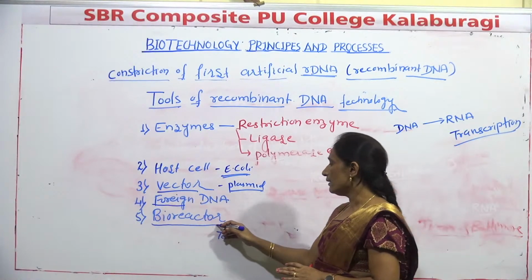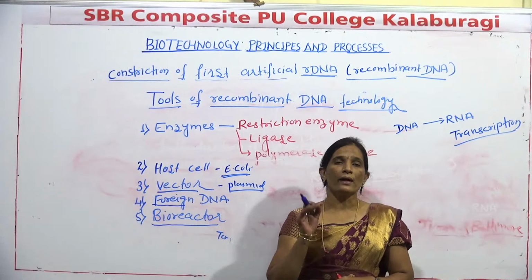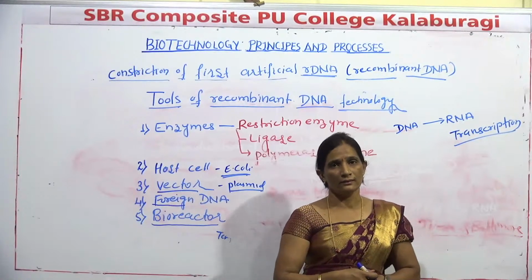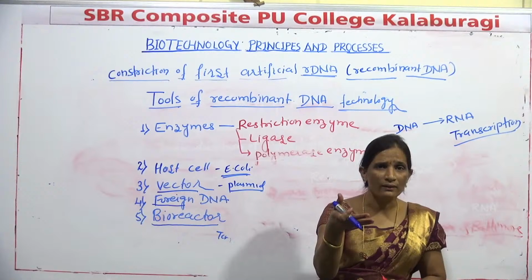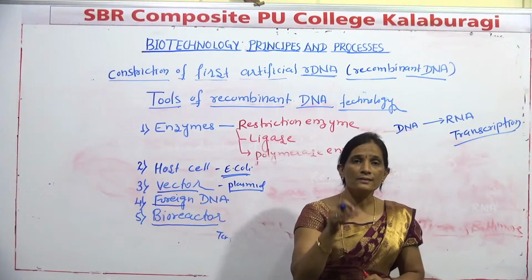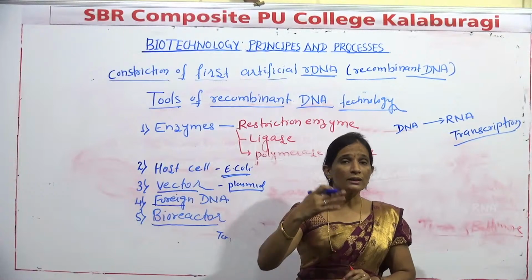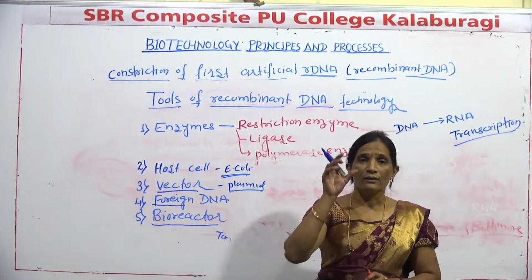Then the last one is the bioreactor. It is a stainless steel vessel. What is the bioreactor? A bioreactor is a stainless steel vessel where biological reactions take place. Is it clear?